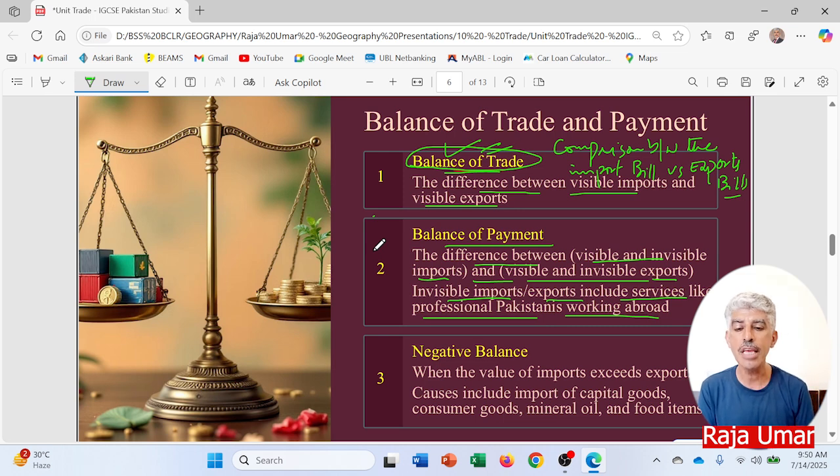So the balance of payments means the difference of imports and exports along with these services as well. In the same way, I will give you another very important example. We have the Pakistan cricket team, and most of the time we hire a foreign coach to coach the team and bring them up to international standards, and that foreign coach is paid in foreign exchange.